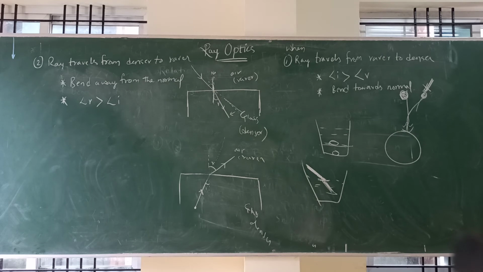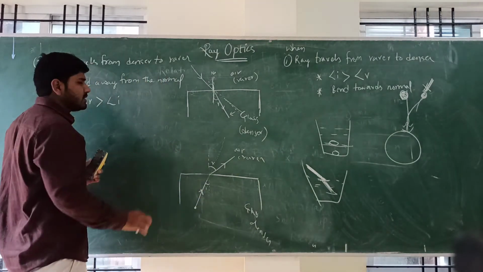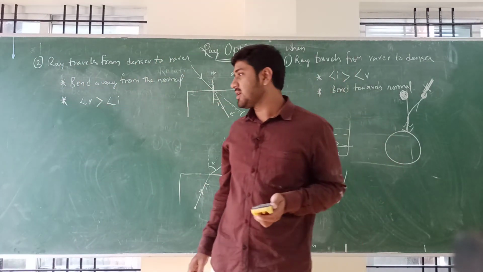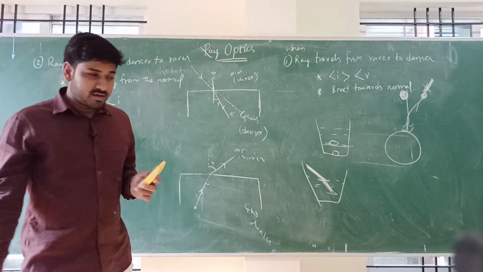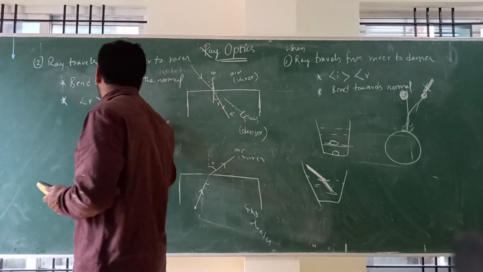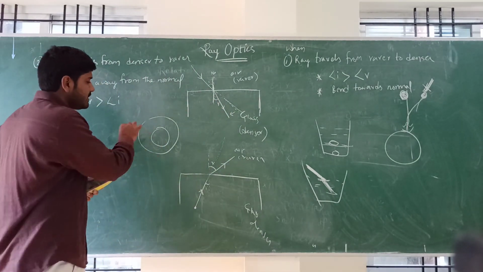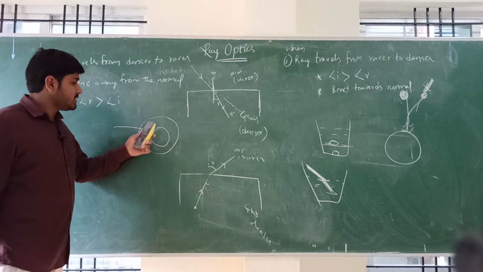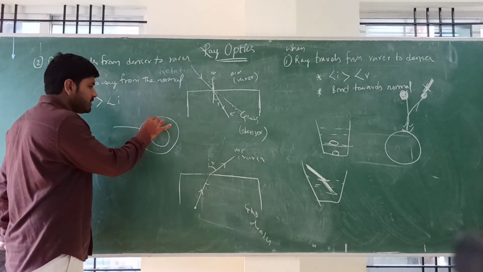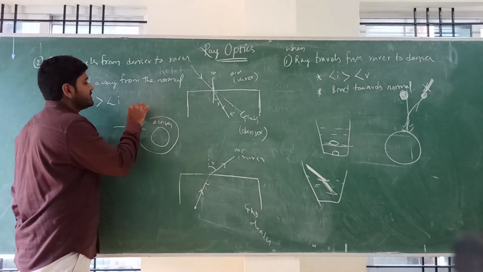And another thing, you see the sunrise and sunset. Actually you don't see the actual sunrise, because of refraction through the atmosphere. Look, this is the earth, and it contains some atmosphere, right? So this medium, the atmosphere, will become the denser medium, and this is vacuum, the rarer medium.